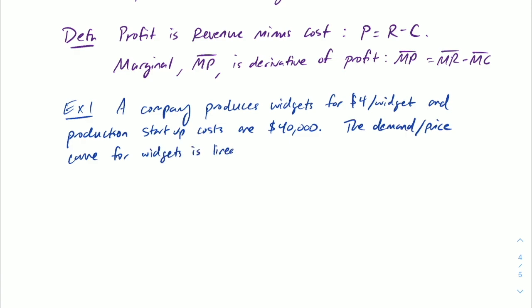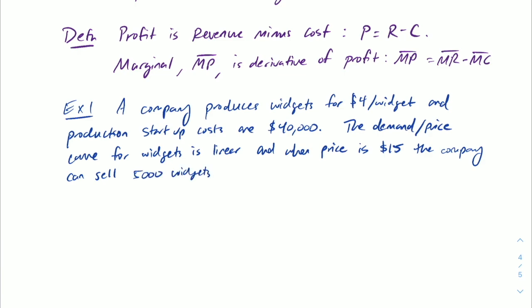and furthermore, when the price is $15, the company can sell 5,000 widgets, and when the price is $10, they can sell 8,000 widgets.